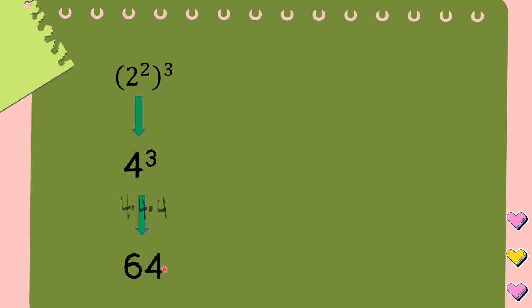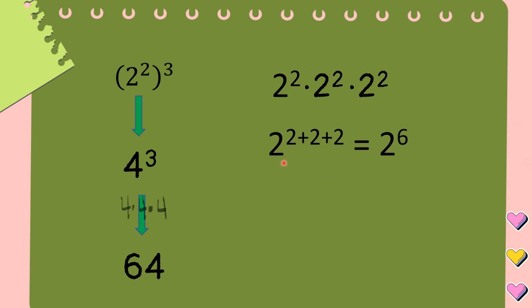And by the definition of exponent, 2 squared raised to 3 is equal to 2 squared times 2 squared times 2 squared. And by the product law of exponent, when we are multiplying expressions of the same base, we just copy the base and add the exponents. So we get 2 and the exponents 2 plus 2 plus 2.